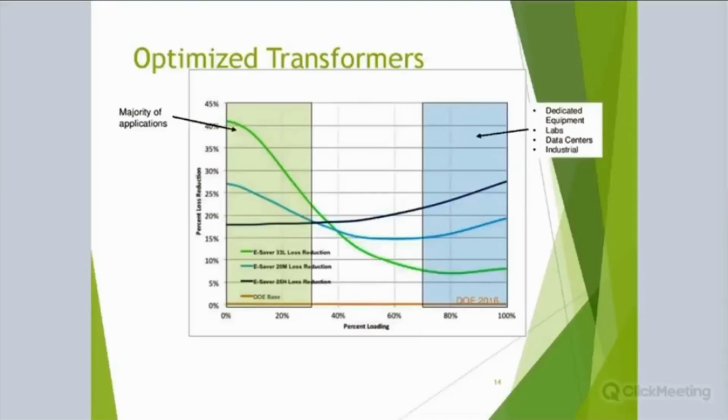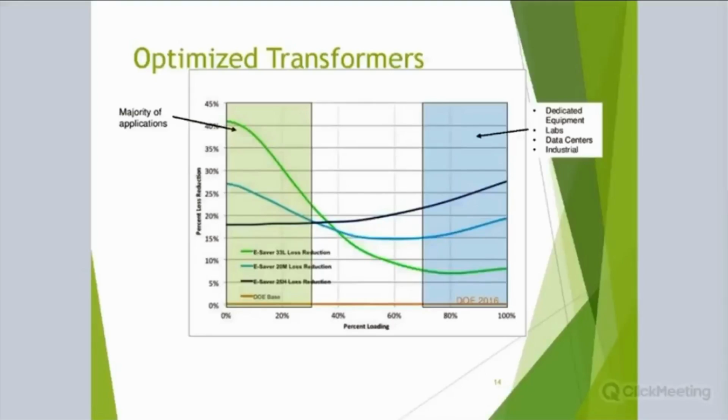Keep in mind, this is a loss, an added percent reduction. As you see the 40% on the left side, or 42% for that green line, that is representing that transformer at 0% load is 42% more efficient than a DOE 2016. So keep in mind, this is looking at the peak.